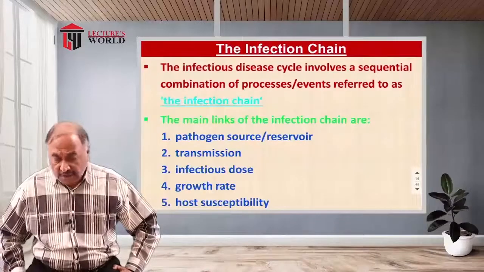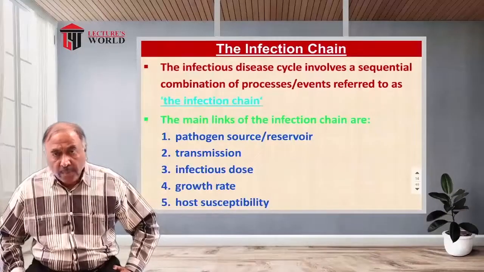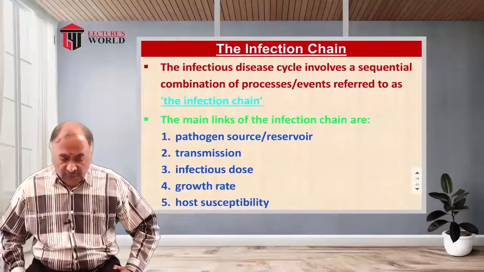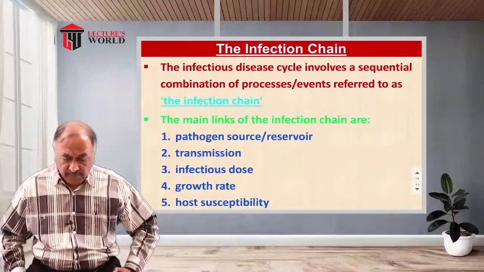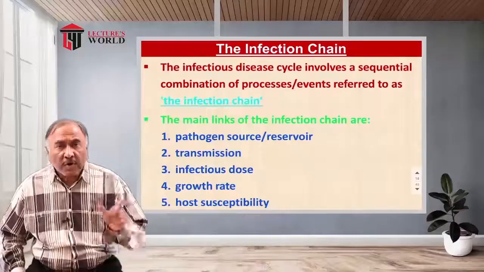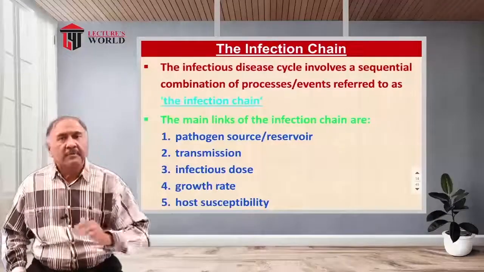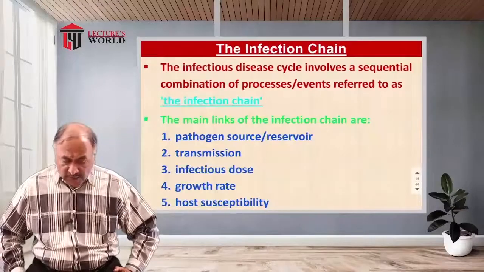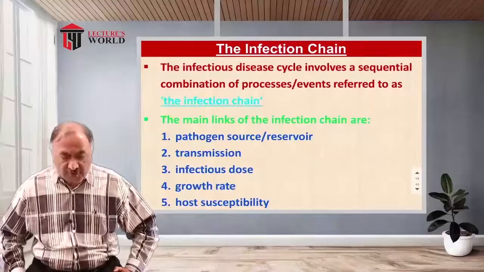Because it involves a sequential combination of processes or events which are referred to as the infection chain. So infection chain is not one thing. It includes various steps. That is known as the infectious chain or an infection chain or a disease chain.